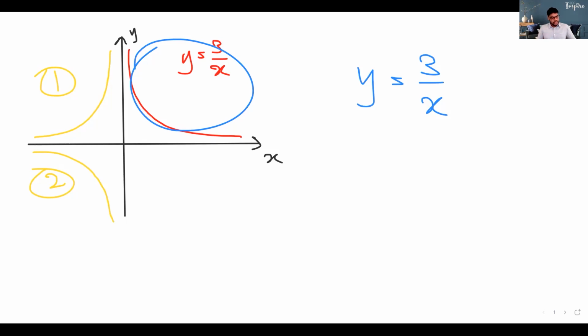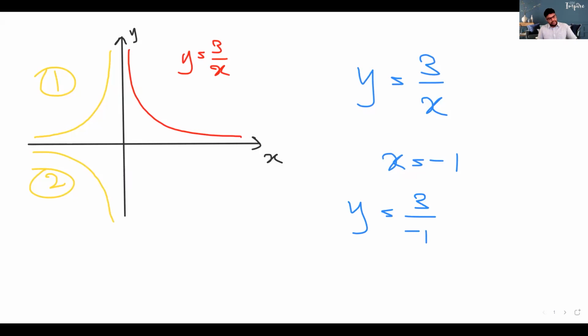But children, let's take a negative value of x. Let's take x equals -1. So children, what is 3 divided by -1? The answer is going to be -3. So that means children, when the x values are negative, the y values will also be negative, right?